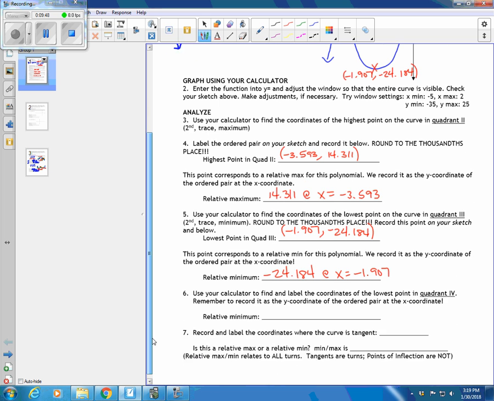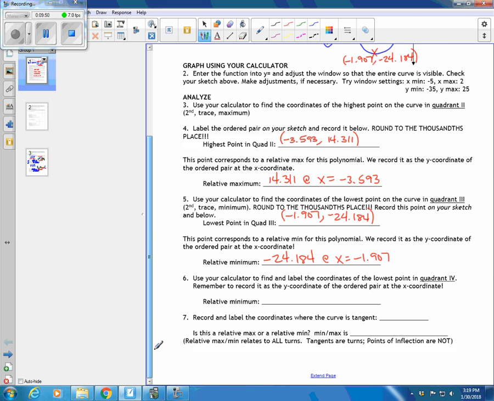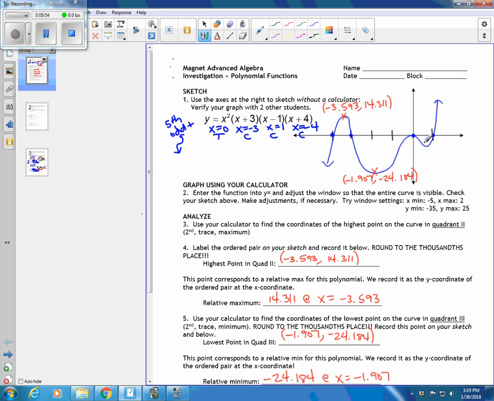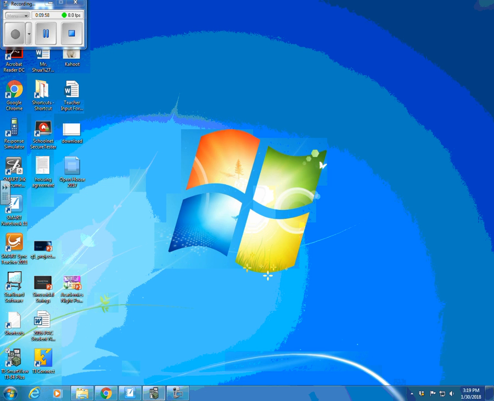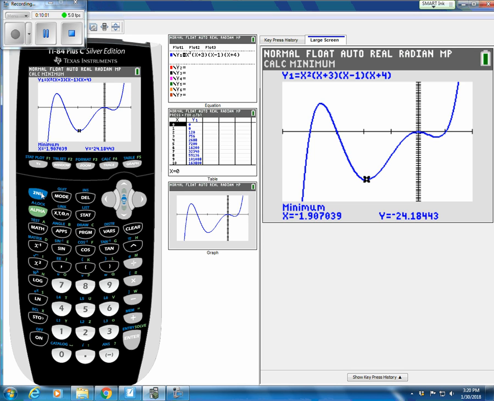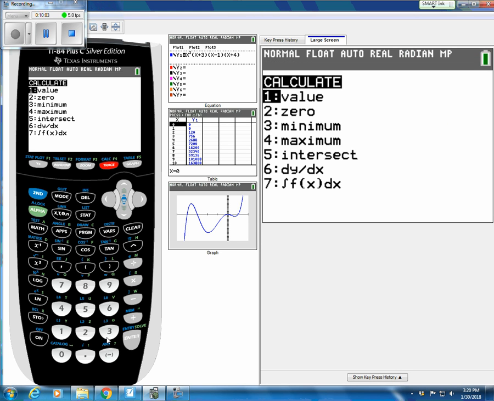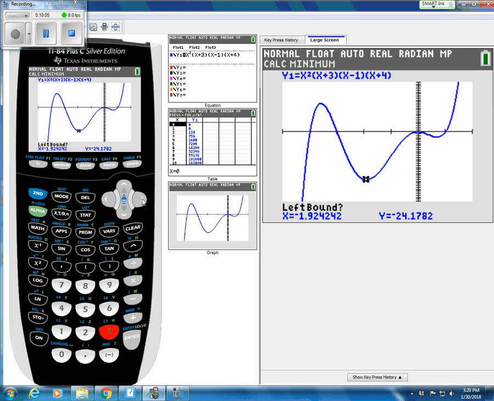Okay. Use your calculator to find and label the coordinates of the lowest point in quadrant 4. That's going to be right here. Okay, so we do that. So second trace, remember it's another minimum, so we're going to do minimum again. We're going over there to quadrant 4. We're skipping over a tangent that's happening at the origin.